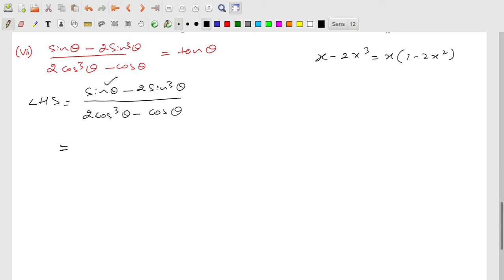So similarly, this sin theta will act as some variable x. So take this sin theta common. If you take sin theta common, 1 minus 2 sin square theta, whole divided by, here take cos theta common and then you will be left with 2 cos square theta minus 1.